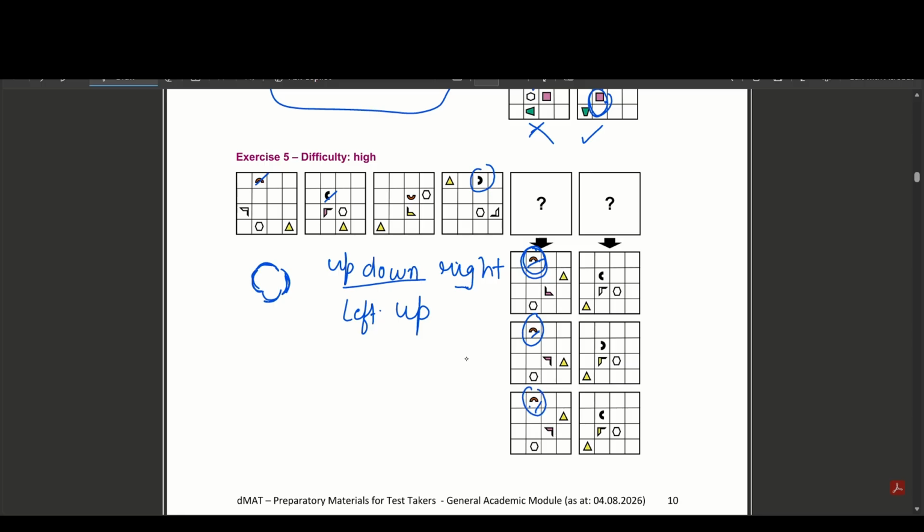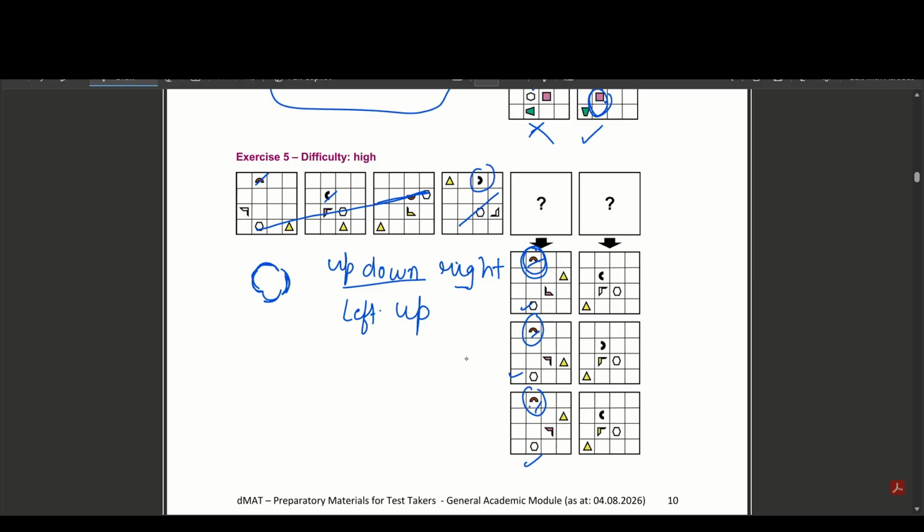Now let's move to the next here, that is this figure, that is diagonal. After diagonal it will move again back. So from here to here it will move. This is also the same in all three figures. That is okay.